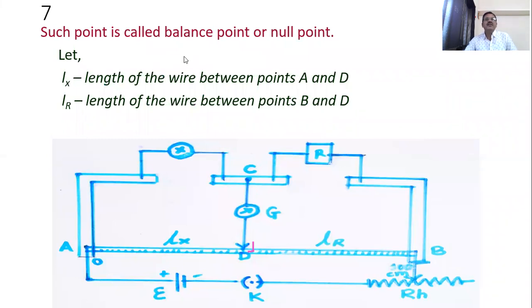Such a point is called the balance point or null point. Here, this point D is called the balance point or null point.